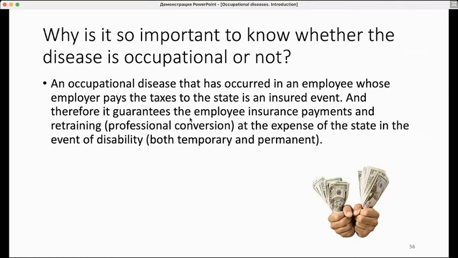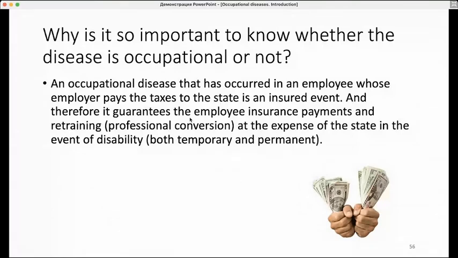That's why if we state that this man is affected by his work, it means that it is an insurance case.